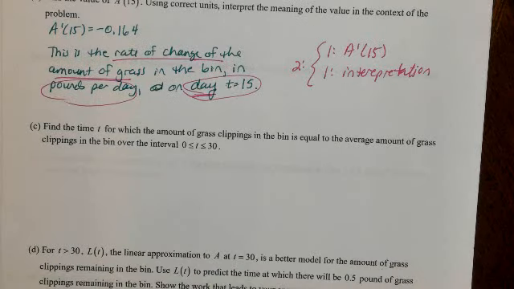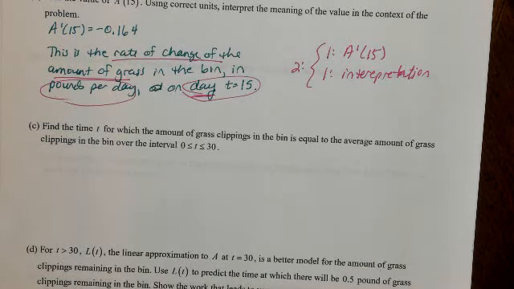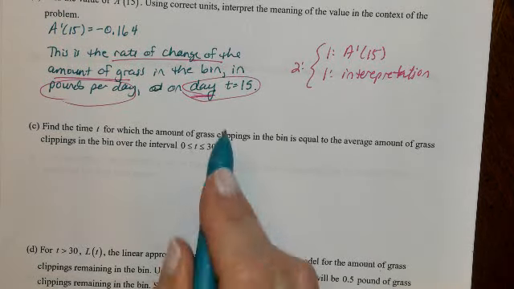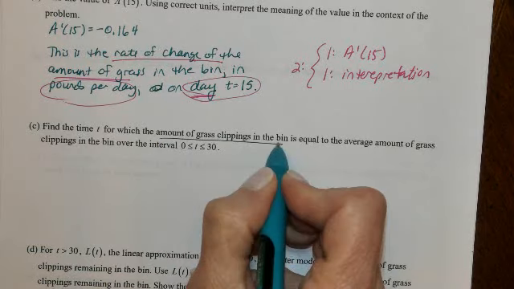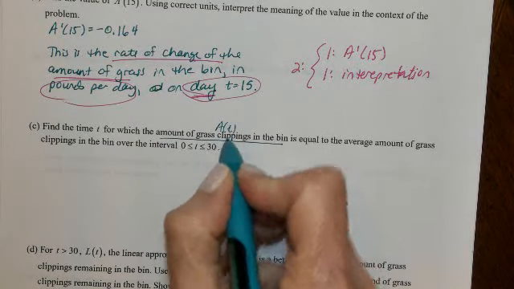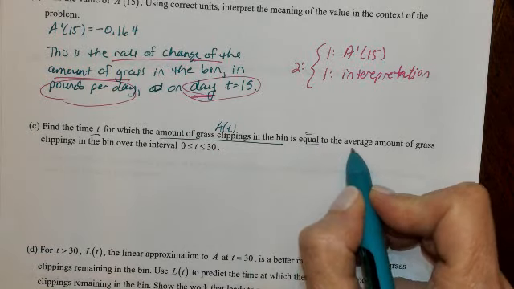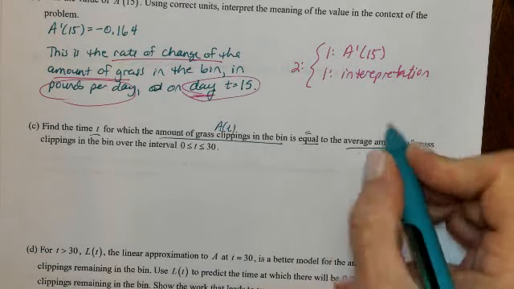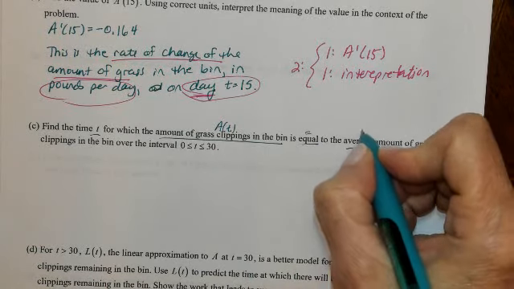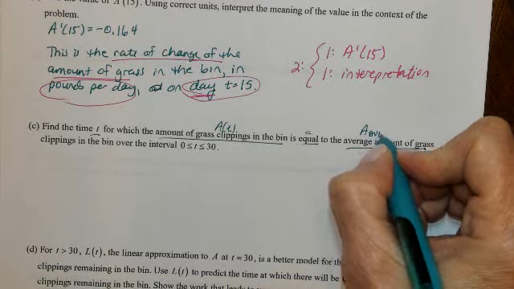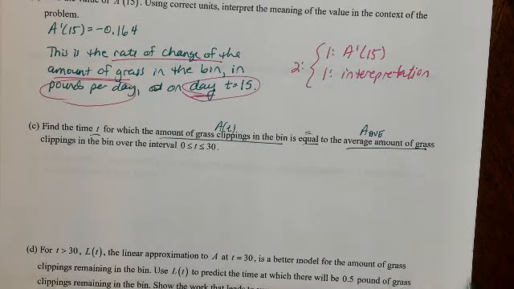Okay. Next up, find the time t for which the amount of grass clippings in the bin, so that's A. We want the time that A is equal to the average amount of grass clippings in the bin over the time interval from 0 to 30.